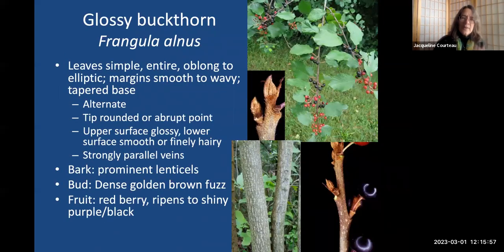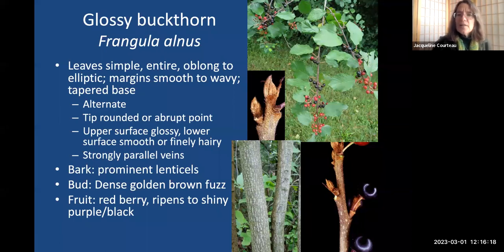So let's start with glossy buckthorn, now known as Frangula alnus, previously known as Rhamnus frangula. It's actually been separated out from the other buckthorns. So this is a plant with entire simple leaves, oblong to elliptic.